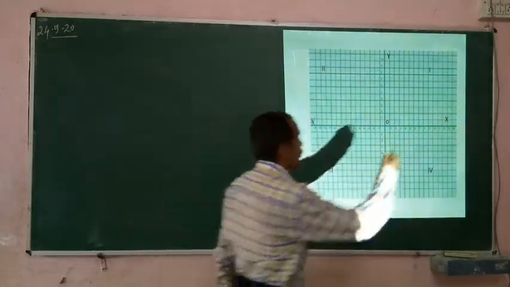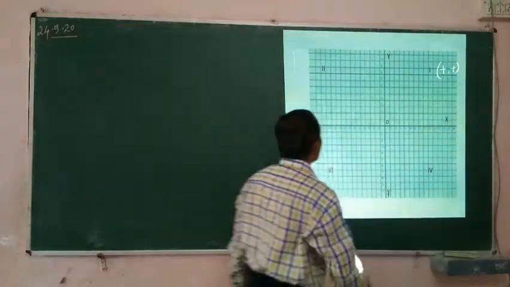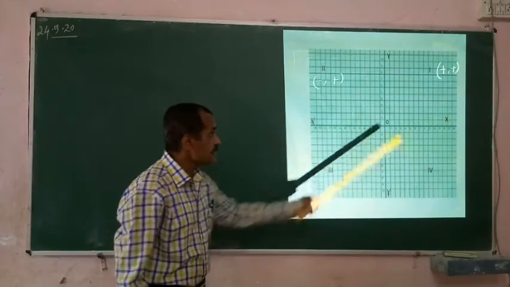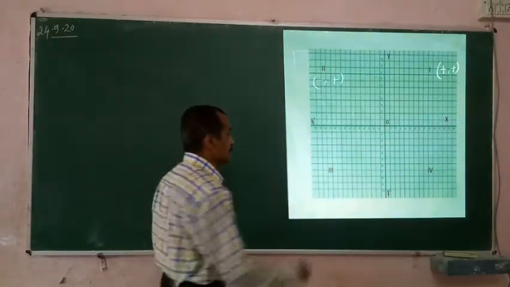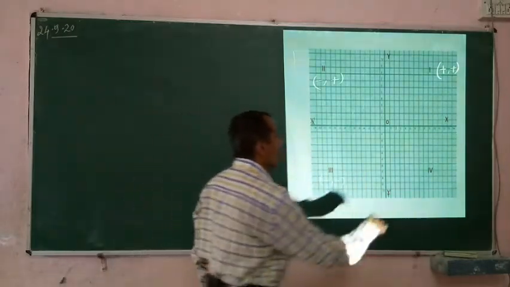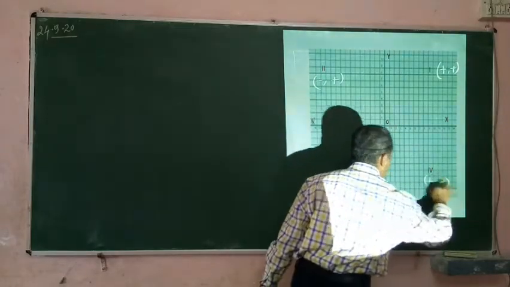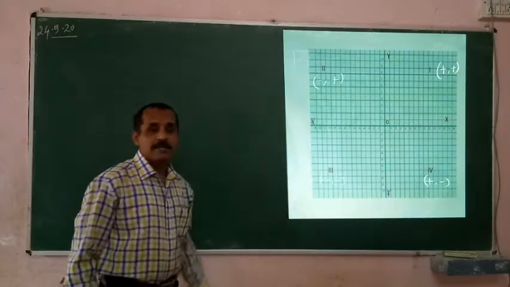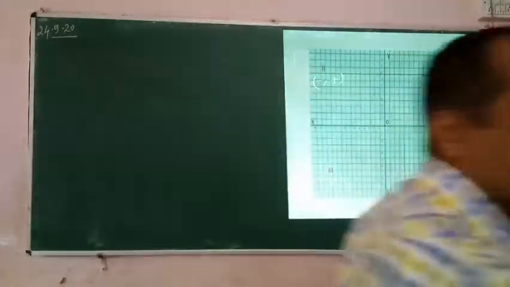In the first quadrant it is always plus plus. In the second quadrant it is minus plus. Why? X-axis negative, y-axis positive, so it is minus plus. Third quadrant it is minus minus, and the fourth quadrant x positive and y negative, plus minus. And this plane we call a Cartesian plane. This much you know. Okay, we'll proceed further.